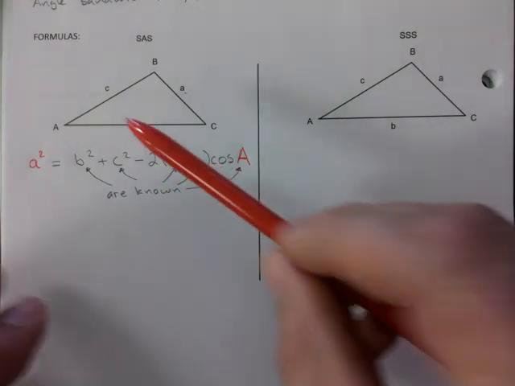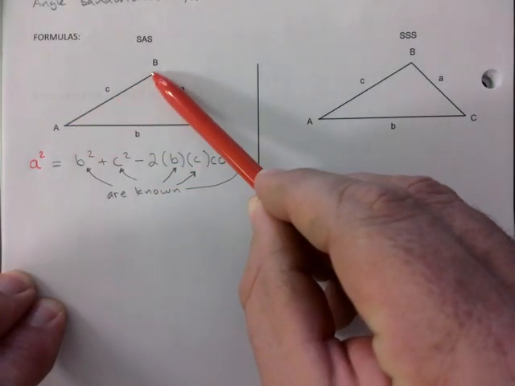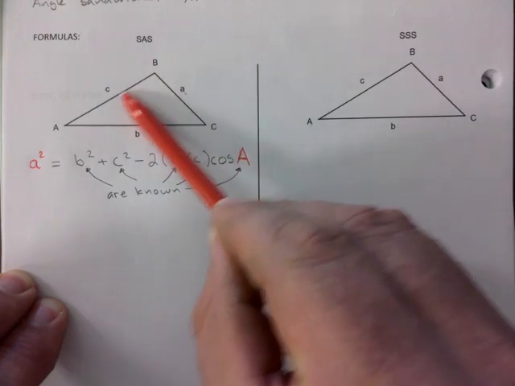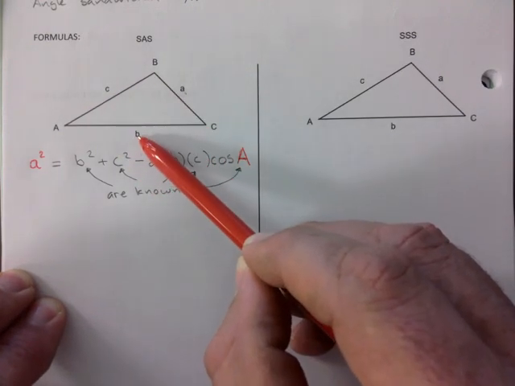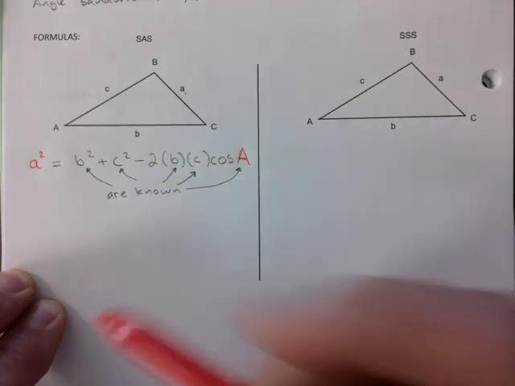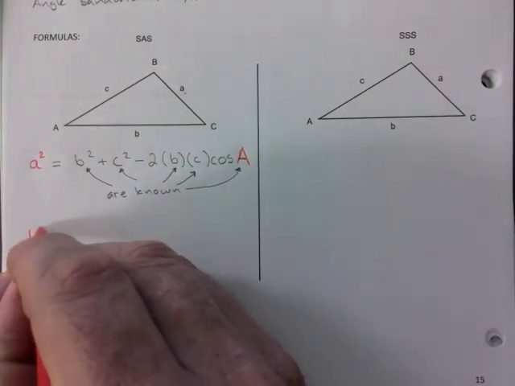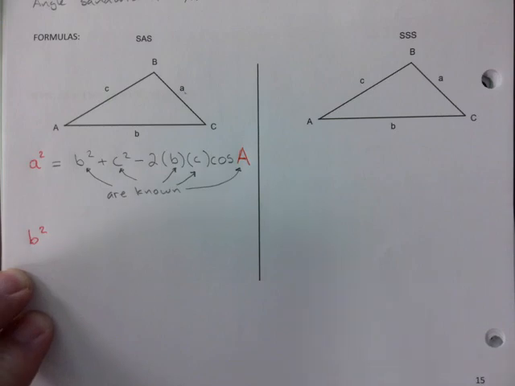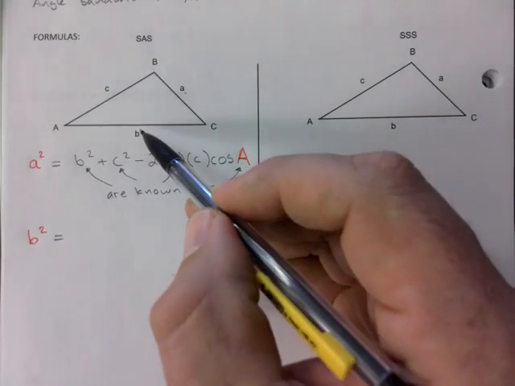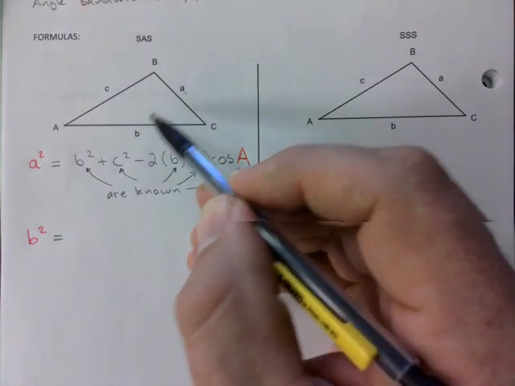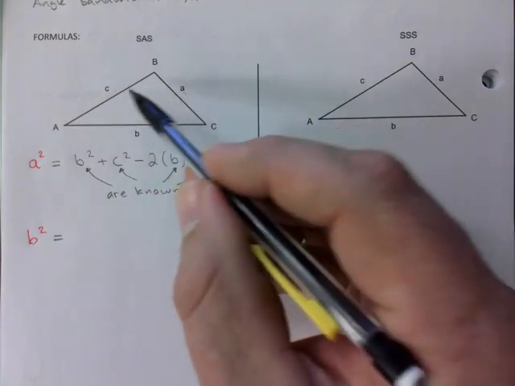Let's say you've got to be creative here. Let's say these two sides are given and that angle in between, which allows you to solve for this side. In that case, you would start like this. B squared is equal to, right? B squared, you're trying to solve for B. That means that A and C would have to be provided.